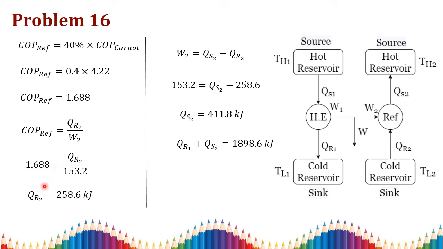You supply the values to get heat rejected is equal to 258.62 kilojoule. In the previous slide we know the new work done 2 and also QR2 from this one. You substitute work done 2 is equal to QS2 minus QR2. Then you will get QS2 is equal to 411.8 kilojoule. Then you add both the values QR1 plus QS2, and you will get 1898.6 kilojoule.